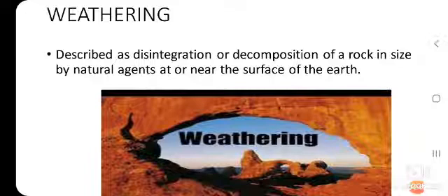As I have already explained, disintegration is breaking up of rocks into fragments and loose materials. Which type of materials? The loose rock materials. And decomposition is the decay of rocks due to chemical changes. Okay, hope you are clear about the definition of weathering.